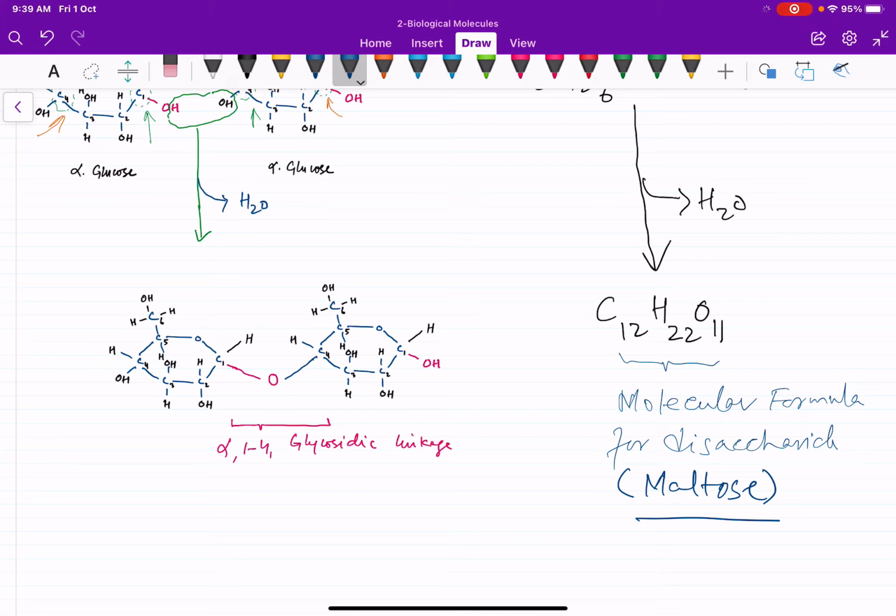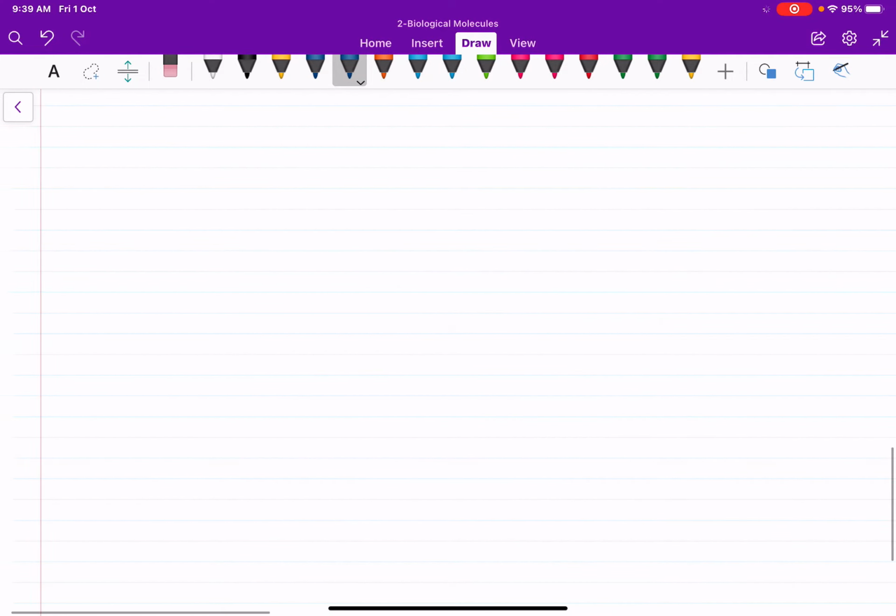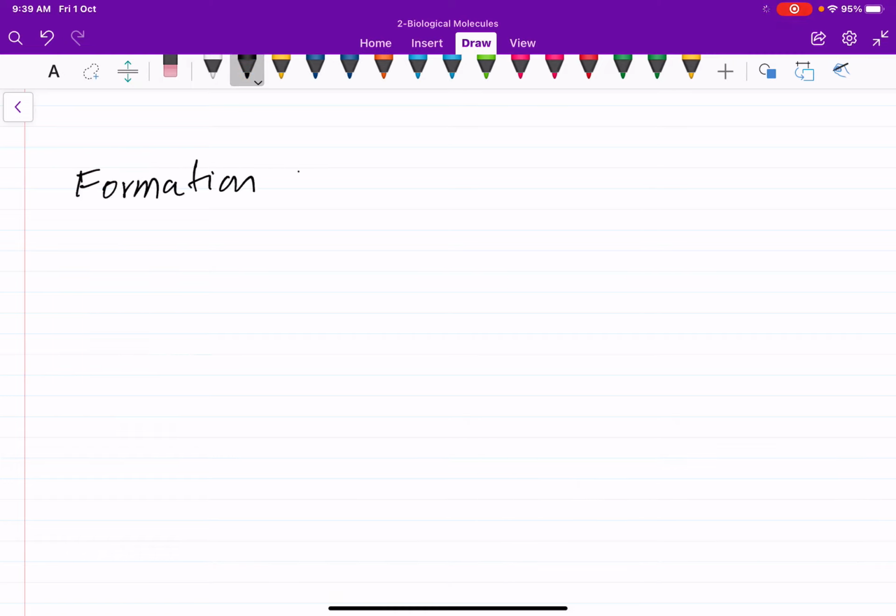Now let's see the structure of another disaccharide, which is sucrose, or let's see the formation of sucrose.